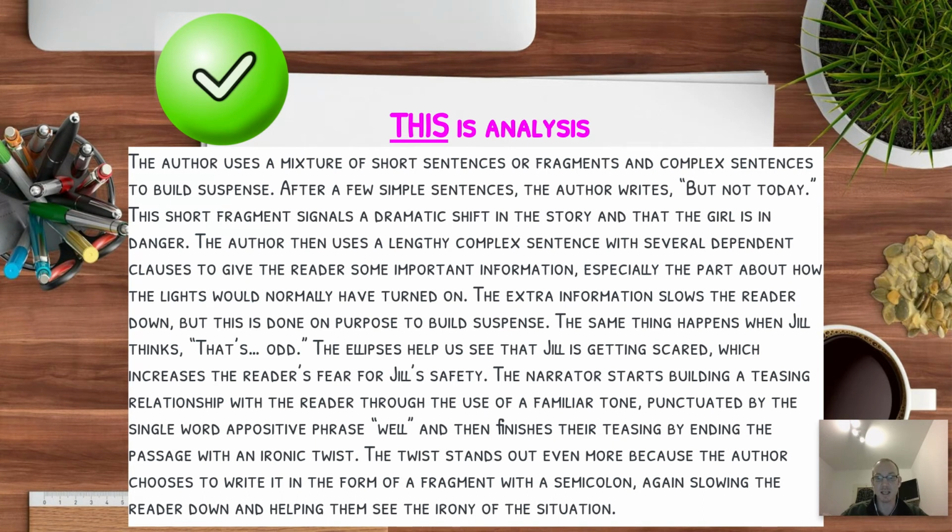The twist stands out even more because the author chooses to write it in the form of a fragment with a semicolon. Again, slowing the reader down and helping them see the irony of the situation. Okay, this is what we're looking for when you analyze syntax.